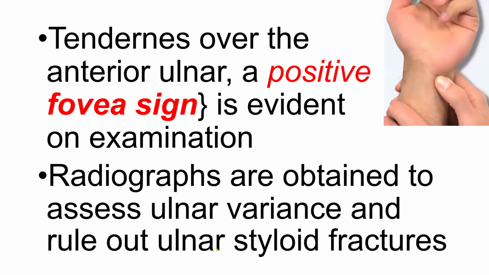Tenderness over the anterior ulna, which we spoke about, a positive fovea sign, is evident on examination. Radiographs are obtained to assess the ulnar variants, whether positive or negative, and rule out ulnar styloid fractures.